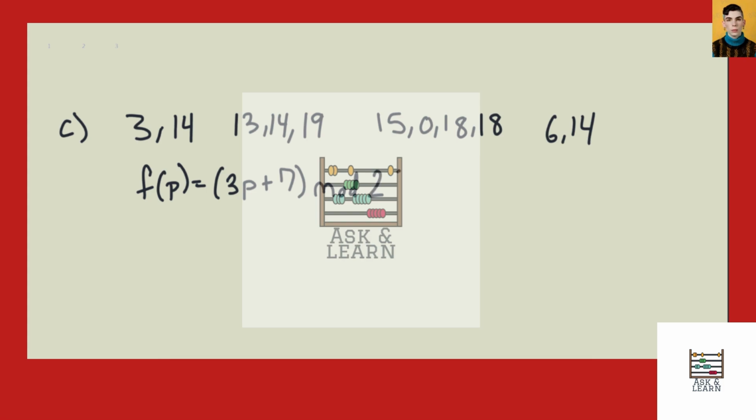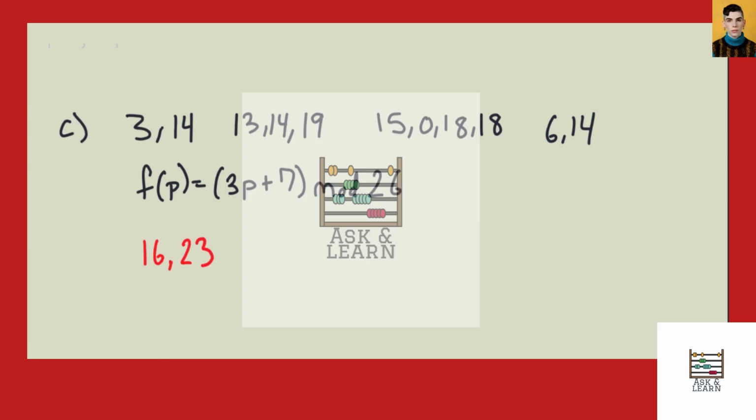So you can see these can really be quite complex. Complicated expressions make them harder to solve. So in this case, 3 times 3 is 9, plus 7 would be 16, right? So then our first one is going to be 16.